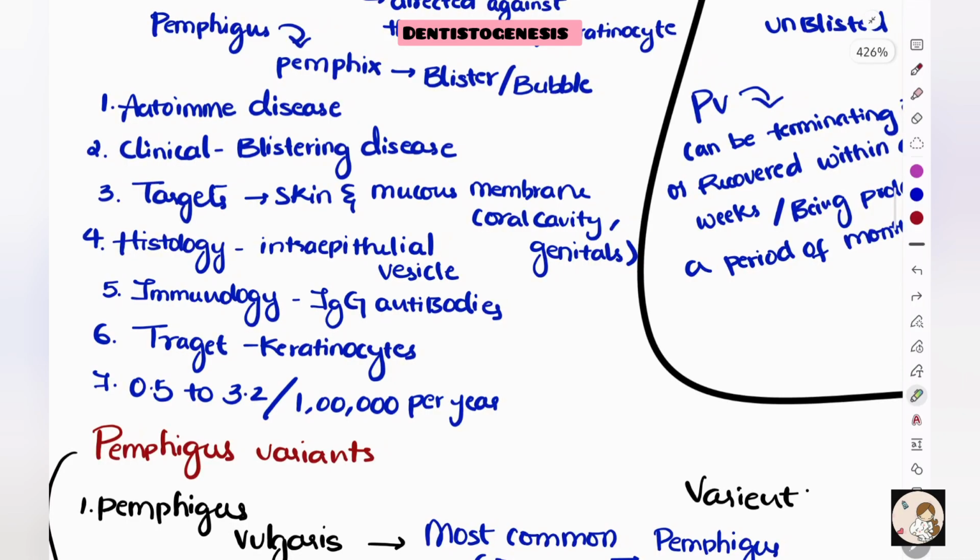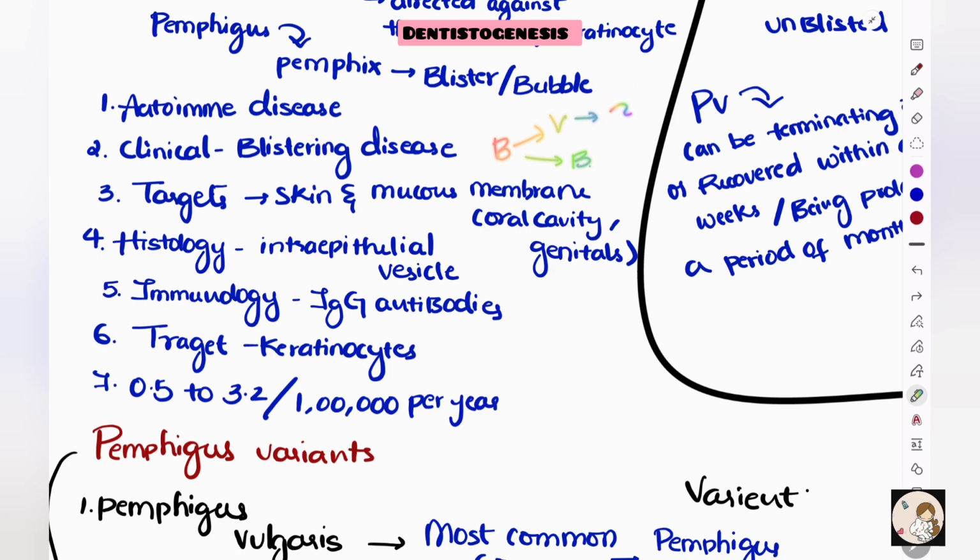So the introduction of pemphigus: it is an autoimmune disease. Clinically, it is a blistering disease. It is autoimmune due to production of IgG antibodies against the keratinocytes on the skin, which causes blisters on the skin. A blister could be a vesicle or a bulla.